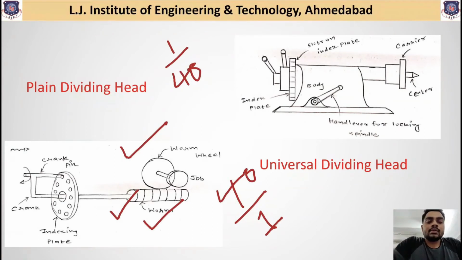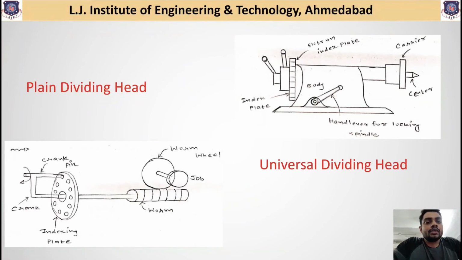So this is how the change in speed is obtained using this worm and worm wheel, and this will help us to obtain different numbers of divisions on the workpiece, which we will calculate in our next topics.